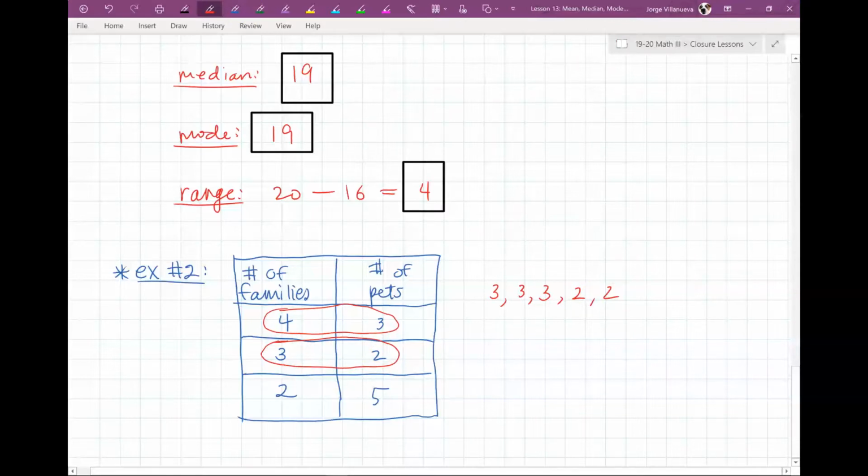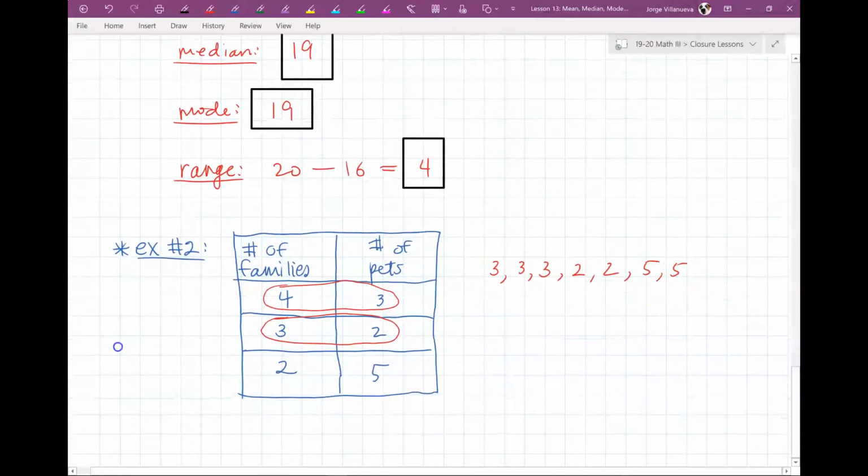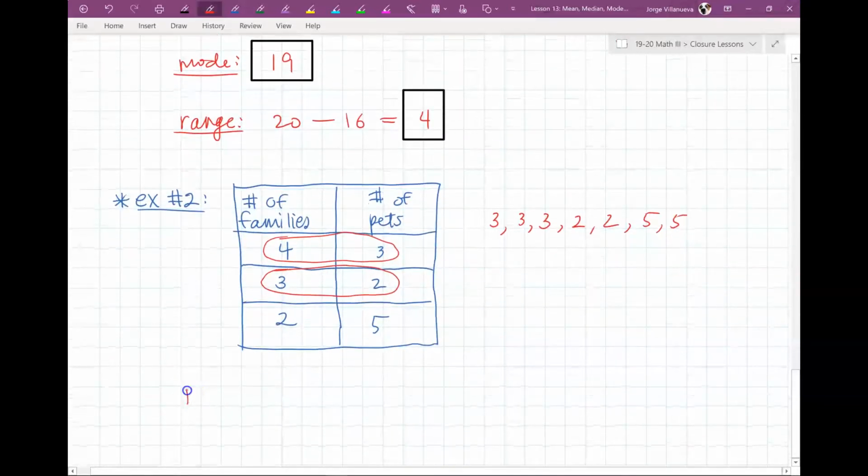Okay, and then it says 2 families have 5 pets. So 5 and 5. Now, if they just want me to find the mean, then all I have to do is add the number of pets and divide by the number of families, right? So, oh, I think I just realized I forgot a 3 here.